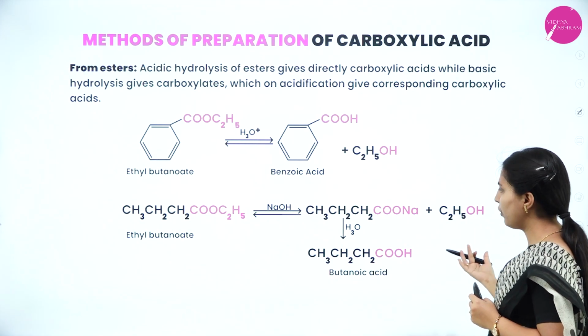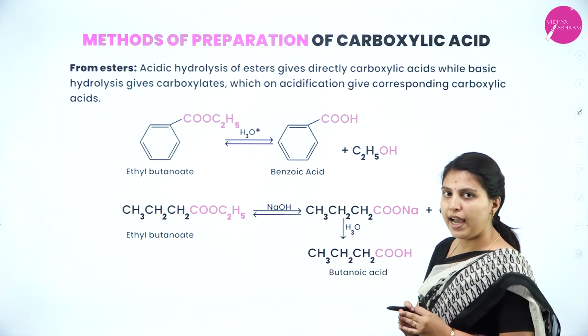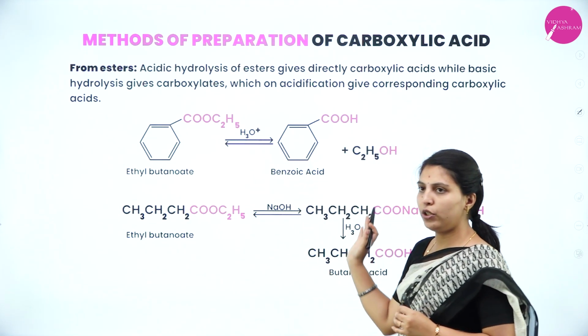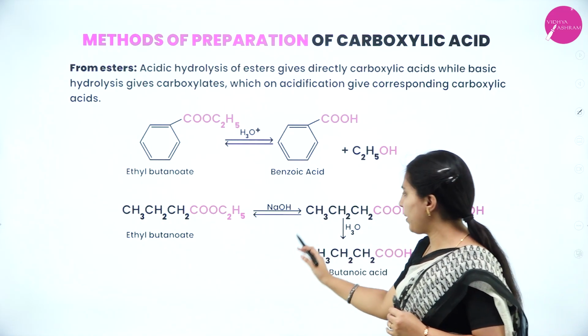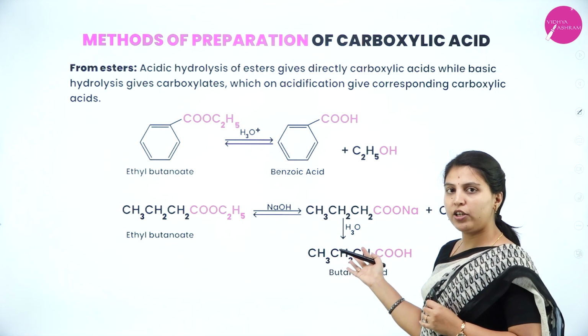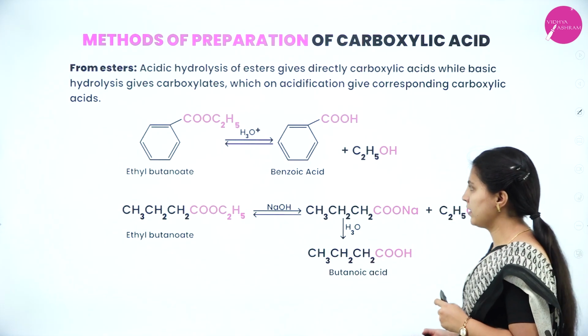Later, on hydrolysis, it will form carboxylic acid. Okay. If we use acidic medium, it is directly converted into carboxylic acid. If we use the basic medium, it will form carboxylates, then hydrolyzed, and later it will form carboxylic acids.